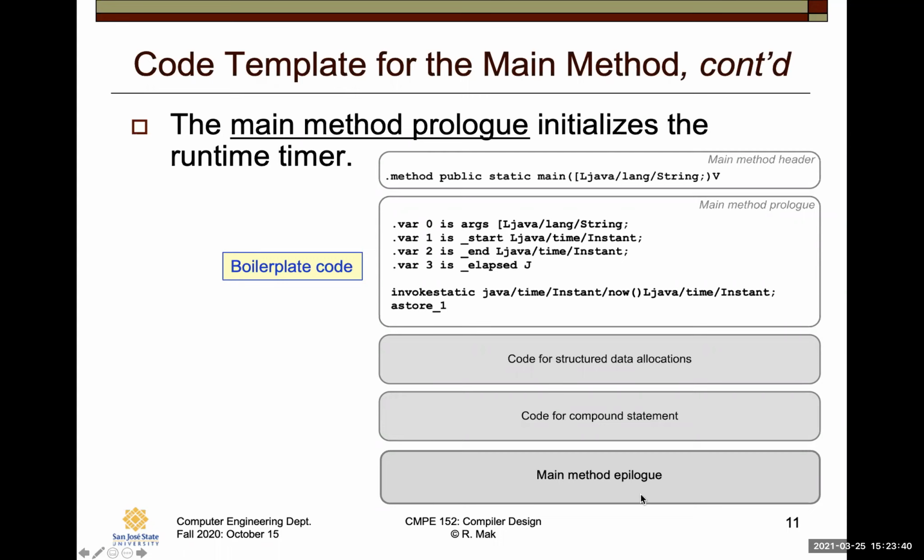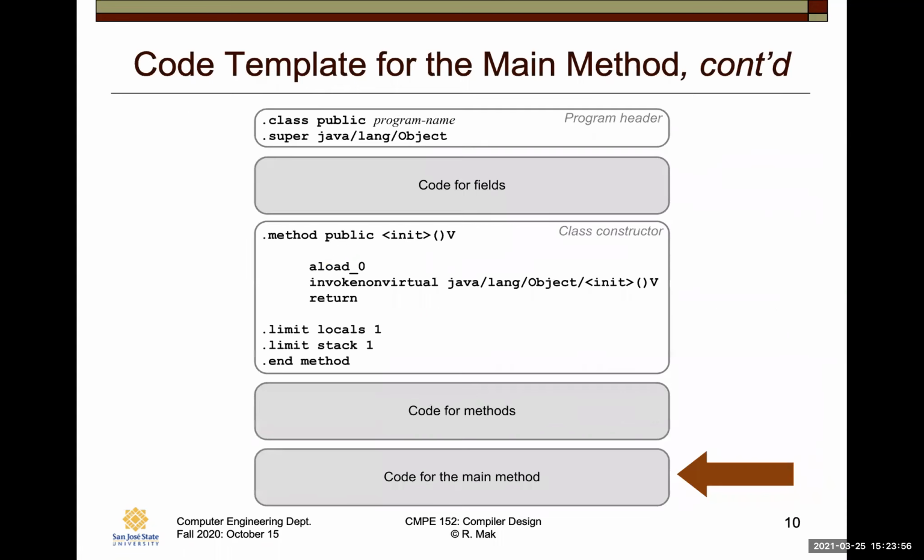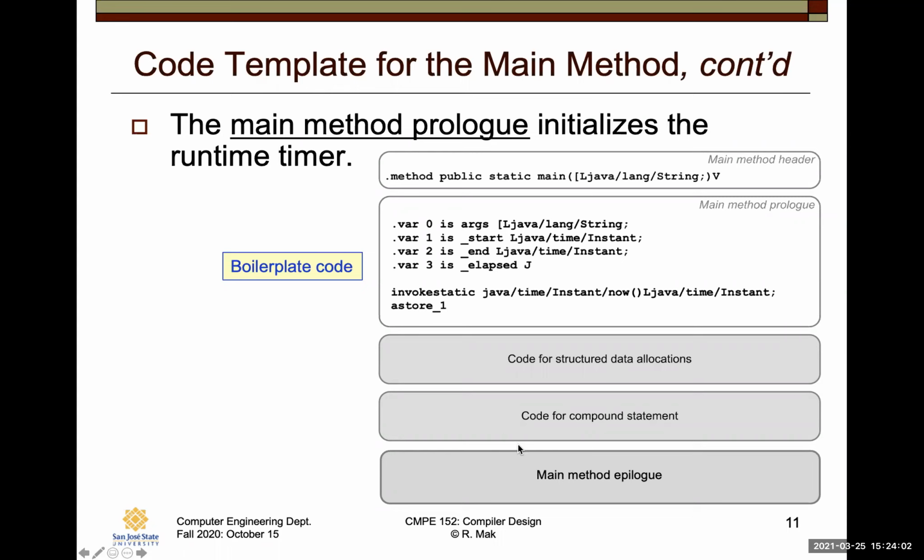The last thing you want your program to do is the code that's in the epilogue, which, as you can imagine, is basically to print out how long it took to run the program. If we go back to this box and expand it, this is what it looks like. Then we have to expand some other boxes to go even further into more detail.